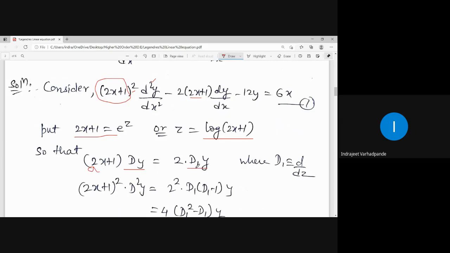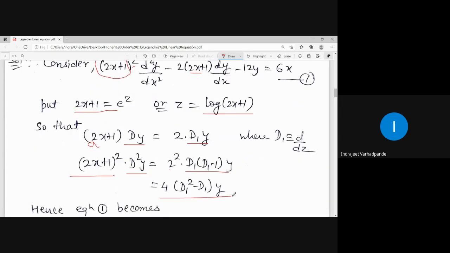So 2 into D1 y. (2x plus 1) whole square d square y will be 2 square into D1 (D1 minus 1) y. So it will be 4 into (D1 square minus D1) y. D1 represents d by dz. Is the substitution clear? Yes, sir.